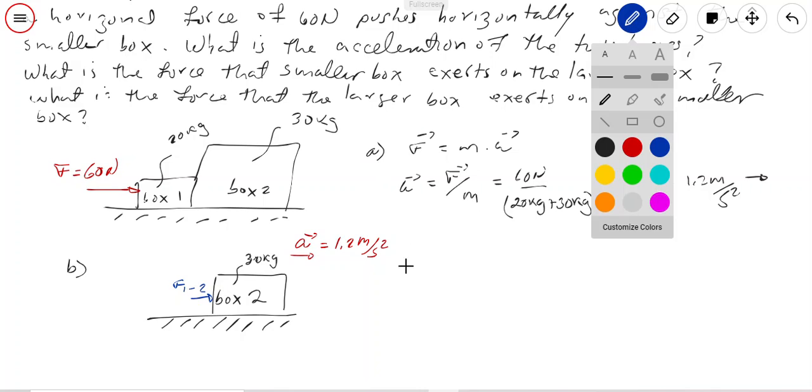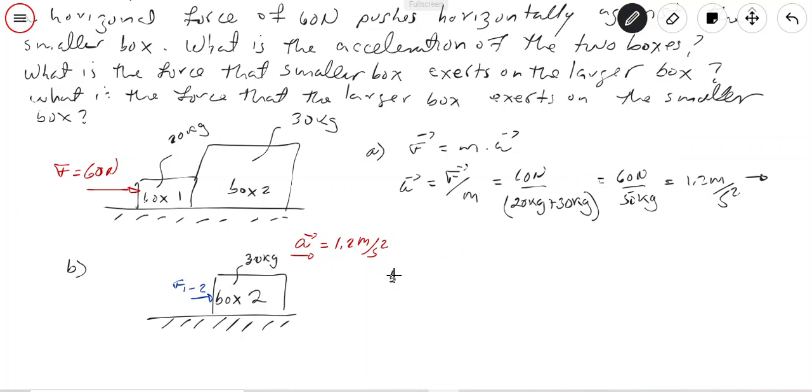So we can say that the force that box 1 exerts on box 2 is equal to the mass of 2 times the acceleration.